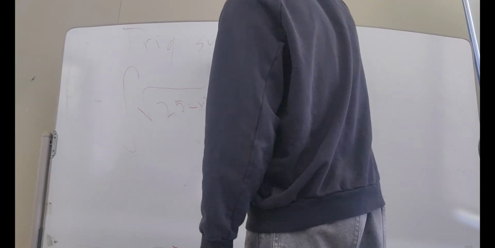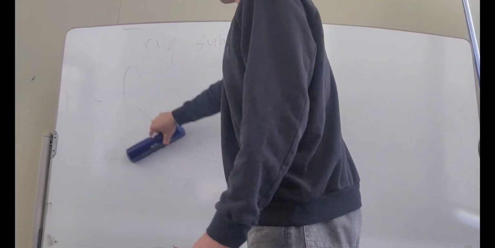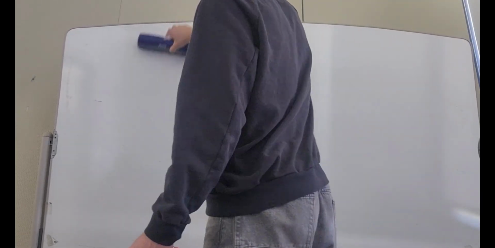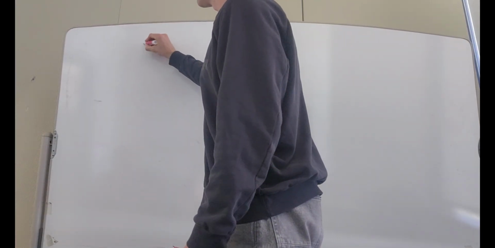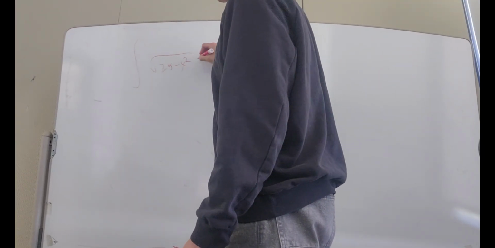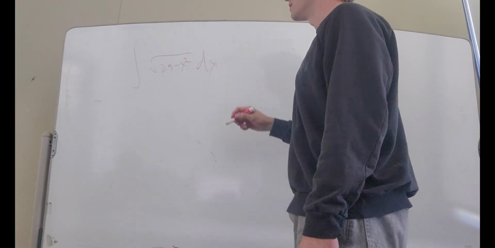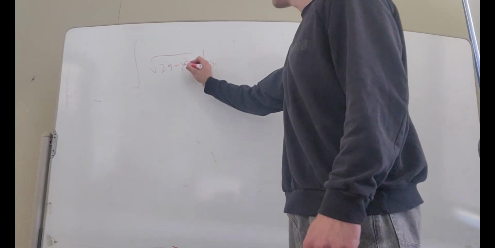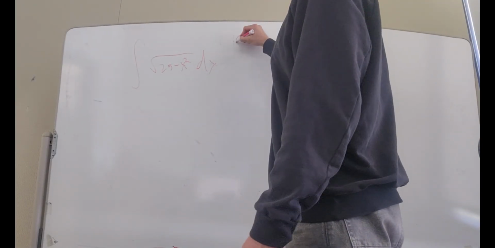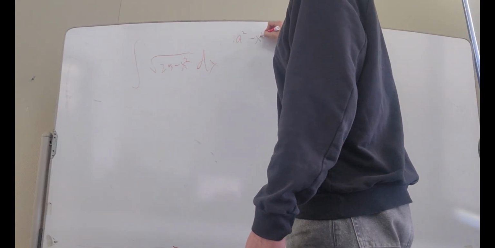Basically you just take your x and substitute it for a trig function in terms of theta. So for example, in this one we have the integral of root 25 minus x squared dx. Let's take a look, we have this form here, a squared minus x squared.